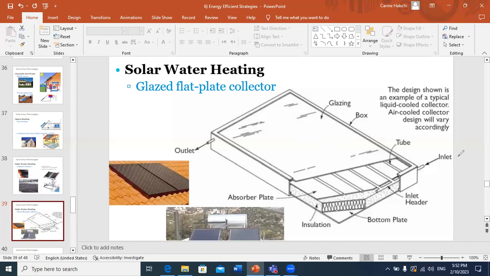You'll have an inlet and an outlet for fluids that can circulate, and then the heat that is transmitted through the glazing and trapped between the glazing and the heat exchanger will be transmitted to the fluids that can be distributed for you to be used after.